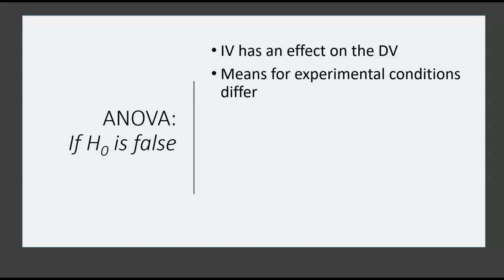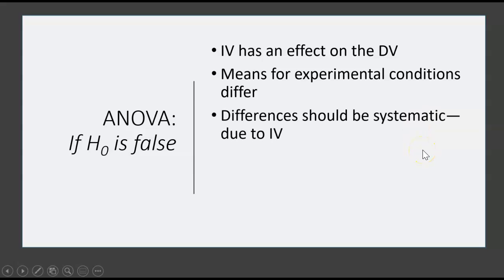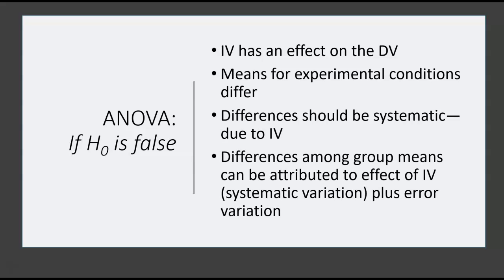Which mean is higher than which other mean? And that helps you to embed that significant finding into the real numbers that you have available to you. And one way that interpretation plays out is you should be able to then say these differences should be systematic. In other words, they should be interpretable in terms of the influence of the independent variable.